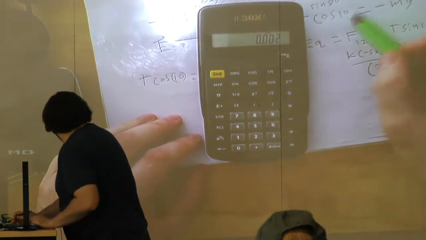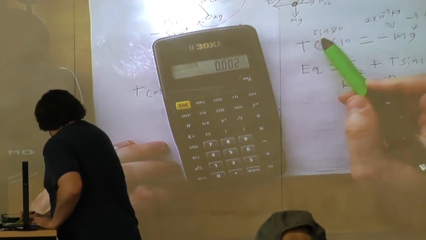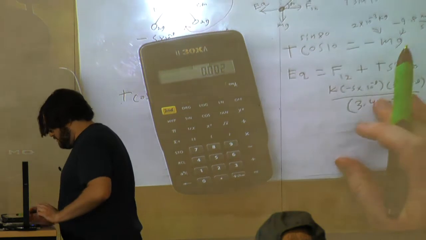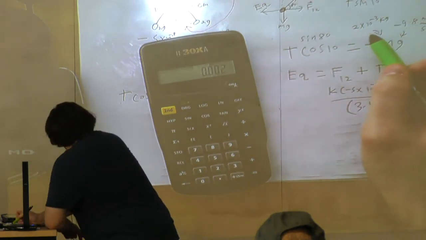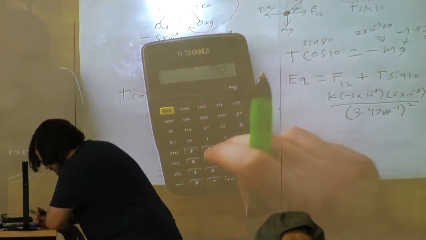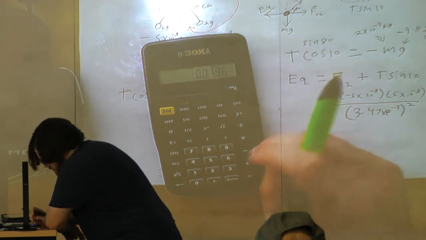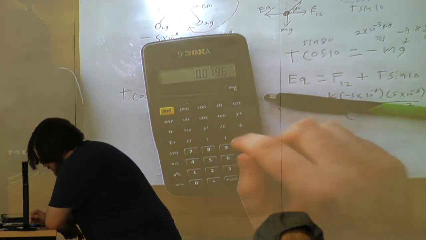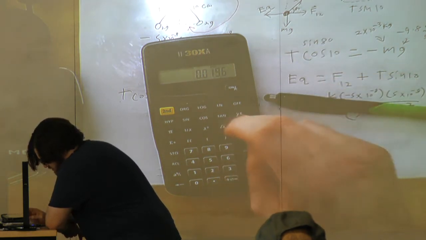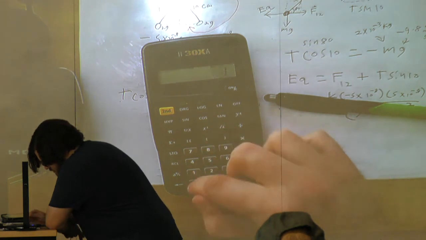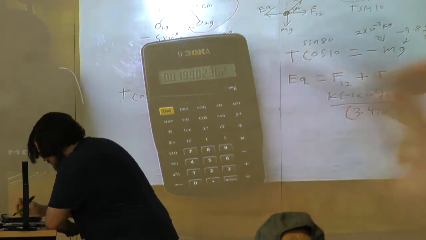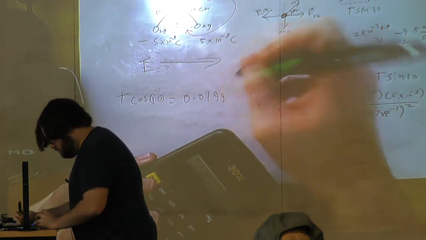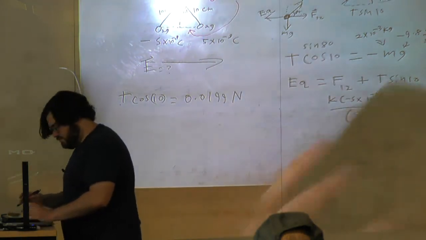So, to calculate T cosine 10, I'm going to use 2 times 10 to the negative third times 9.8. All right. Now I'm going to divide by cosine of 10 to get the tension.